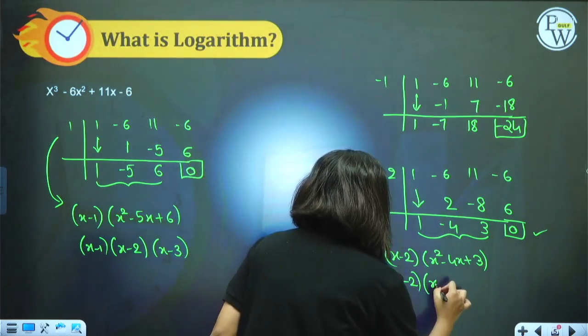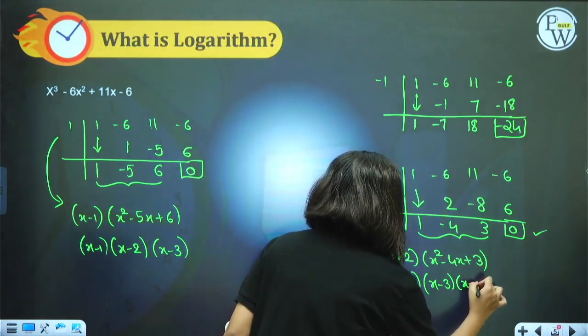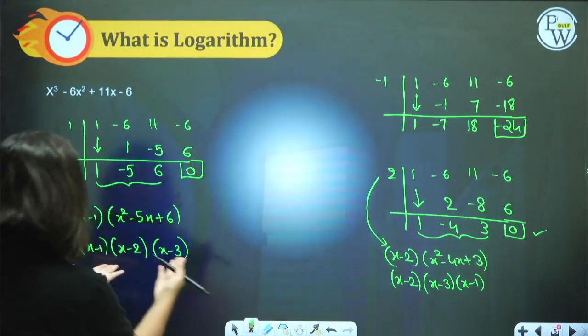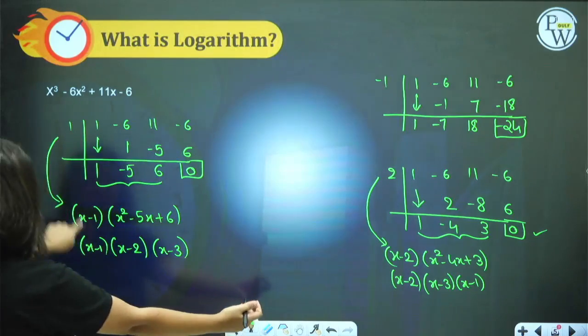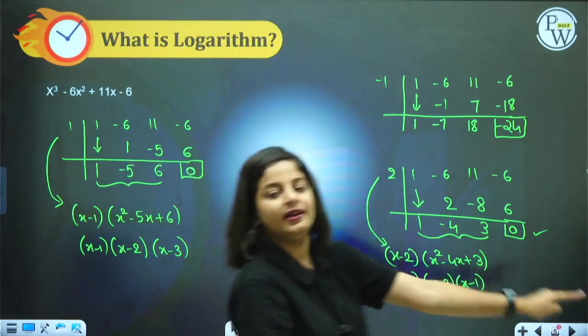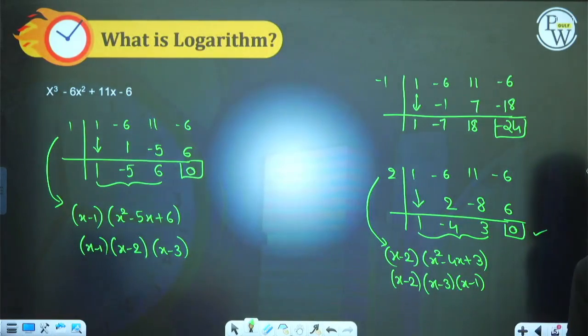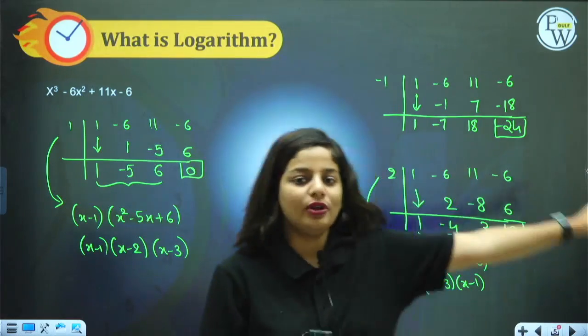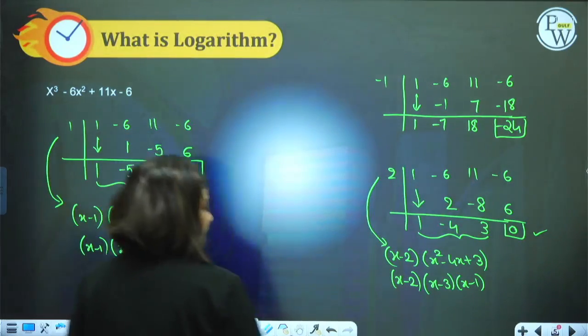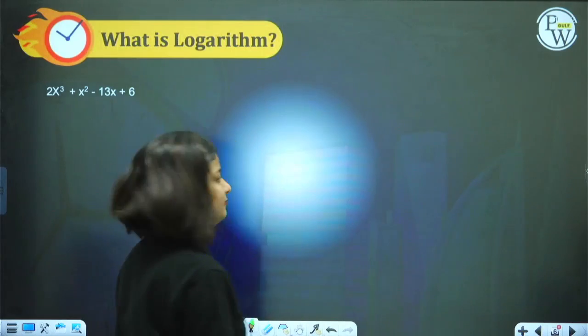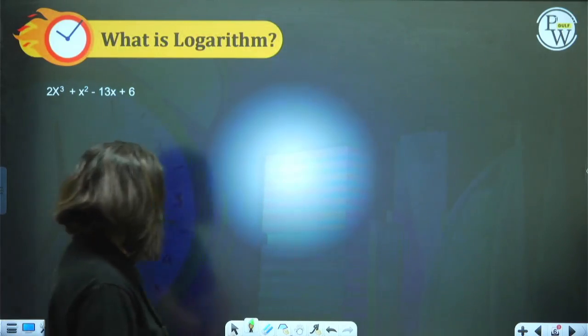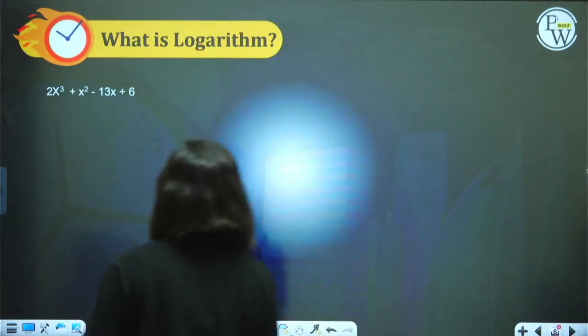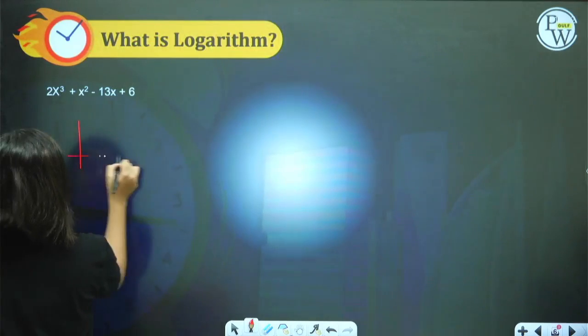I can write the factors as minus 3 and minus 1. Obviously, we get the same answer. That means if you get 0 at the end, the answers will remain the same. It is factorizable. If you don't get 0, it is not factorizable. Understanding? One more? I think it's now quite clear, but I can hear a few students saying, ma'am, please do it.